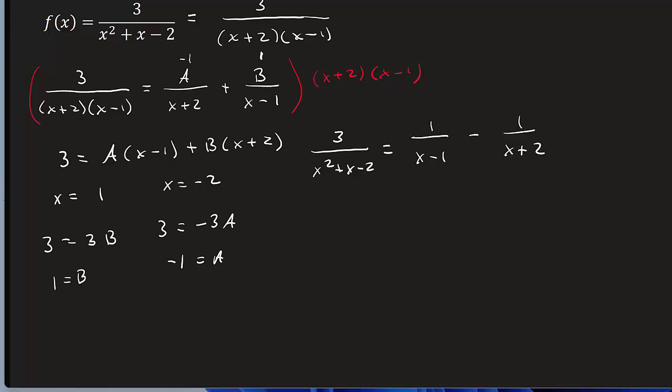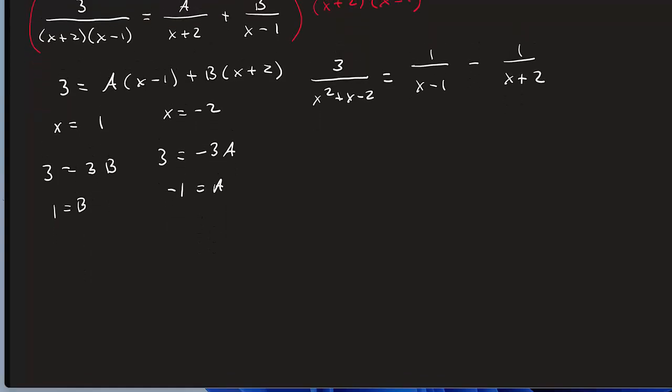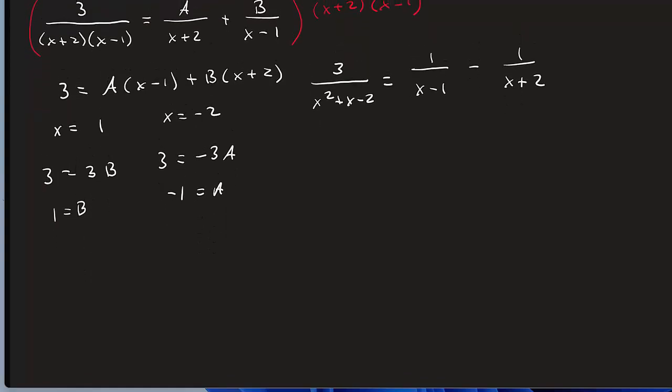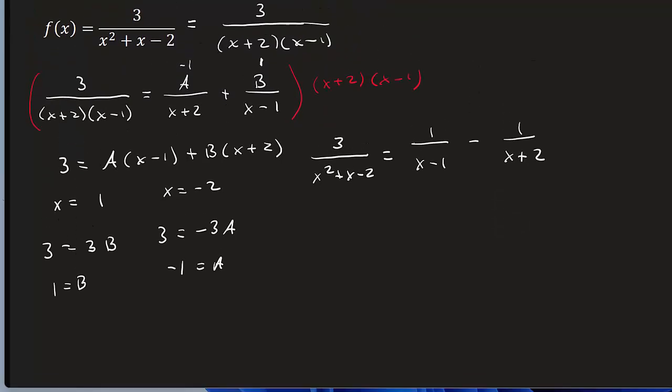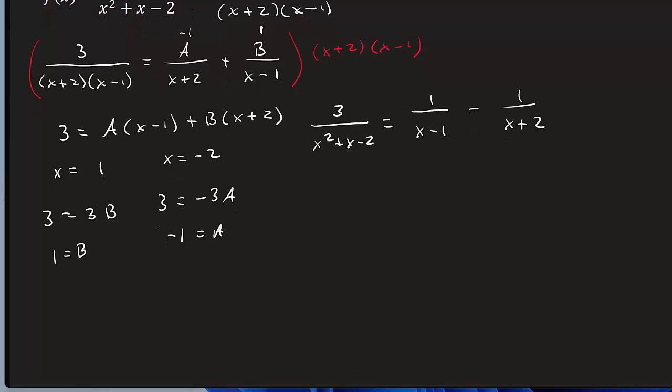All right, so let's see what we've got here. Now we want to rewrite this function as a series, so we want to get it in this form, 1 over 1 minus r.